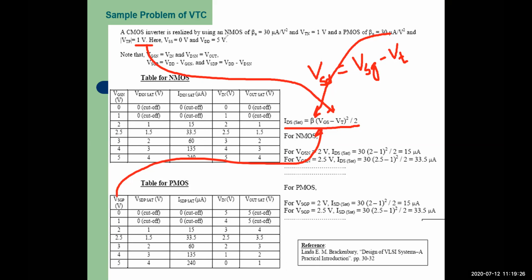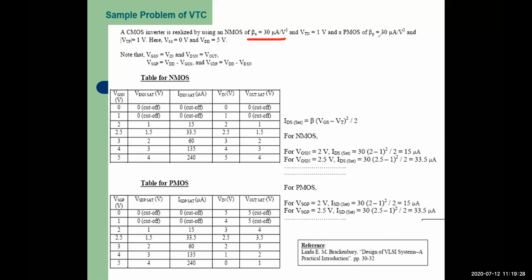See, since our betas are equal, we are fortunate enough. That's why our current values are equal. So that's why I told you earlier, if our betas are equal, we will have exact same amount of charging current and discharging current, right?